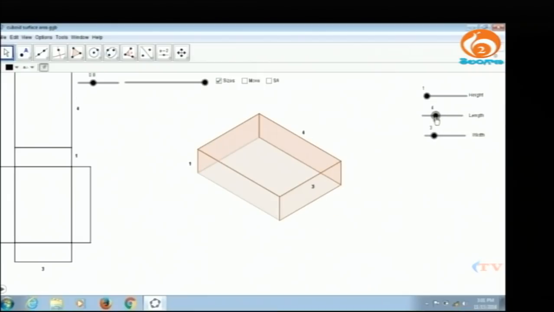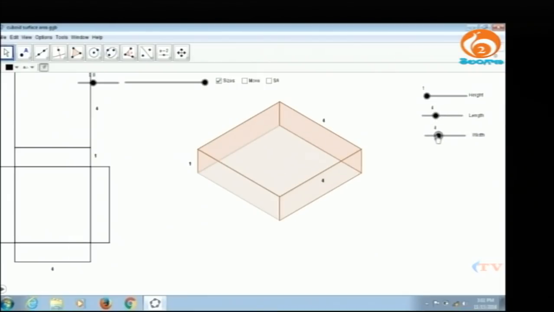Now, if both the dimensions are the same, then its base is square shaped and its height is not equal to the base. Is it called a cuboid? Of course, it is also a cuboid, but it is a square shaped prism.